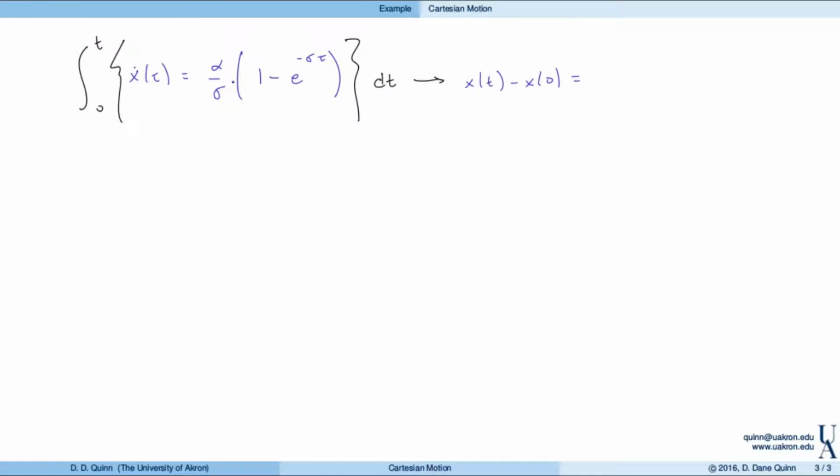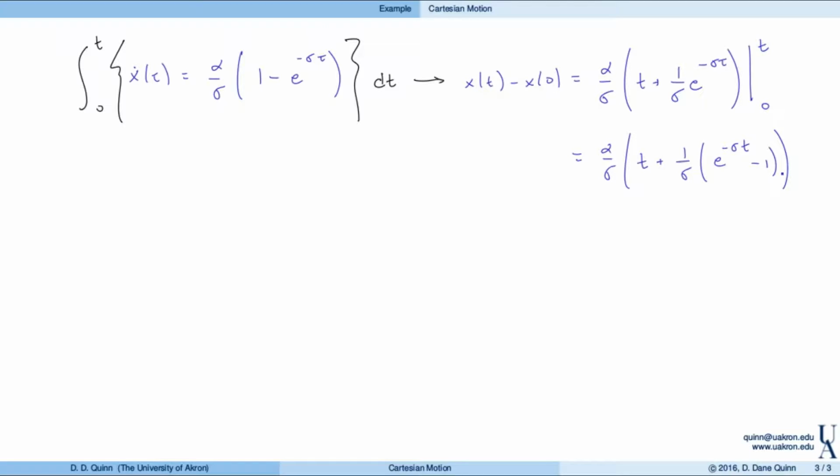So in particular, the first term becomes alpha over sigma. The integral of 1 is just t, and then plus 1 over sigma e to the minus sigma tau from 0 to t. So when we evaluate these limits, we get alpha over sigma times t plus 1 over sigma e to the minus sigma t minus 1.